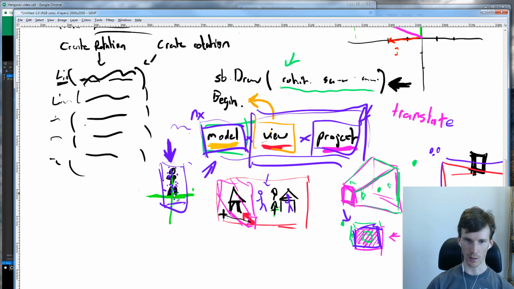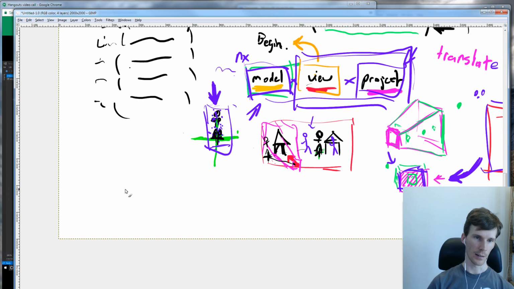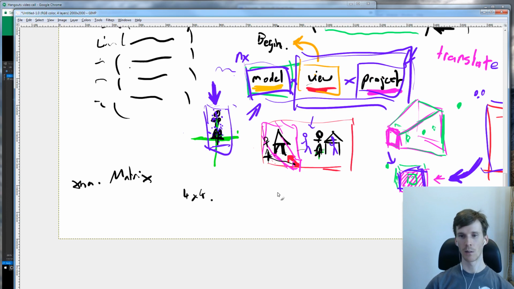And by the same token, if this is a thing in model space, we're moving it from the origin out to here to get our dude to appear there. So we need a translation, which is why the XNA matrix is a 4x4 matrix, because it does the same thing in 3 dimensions.